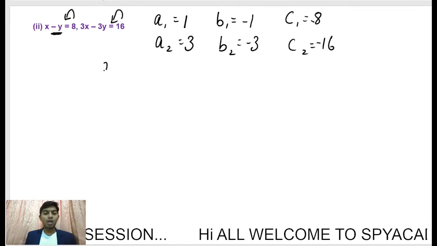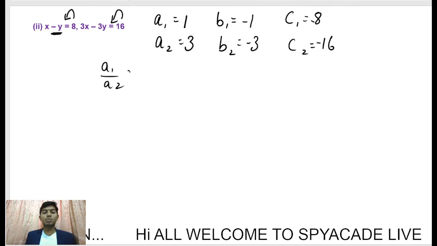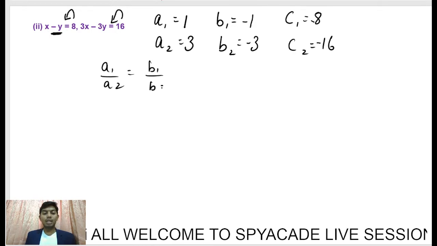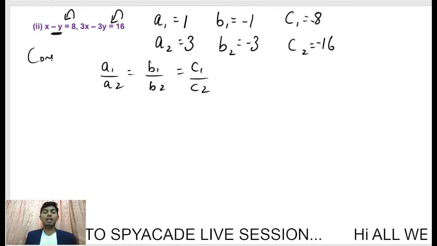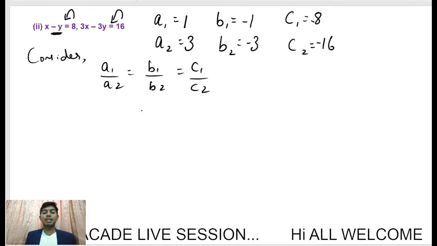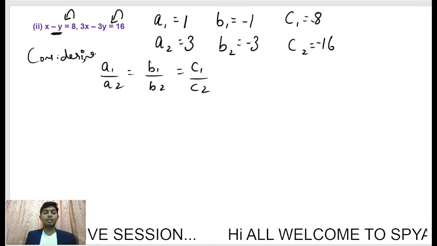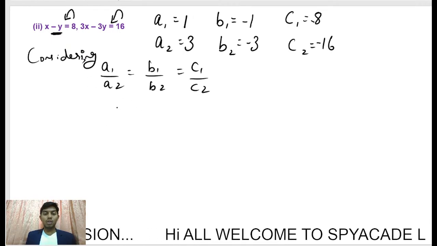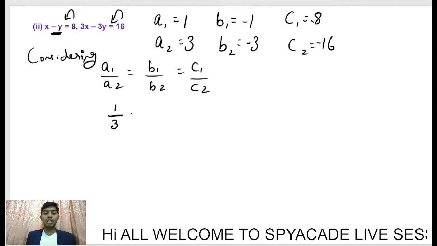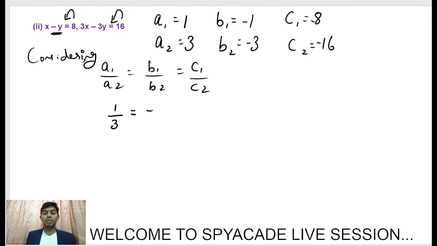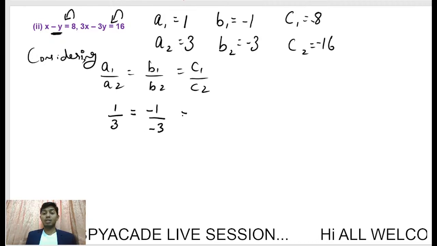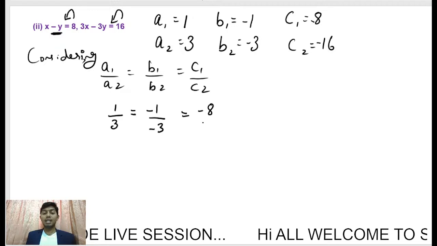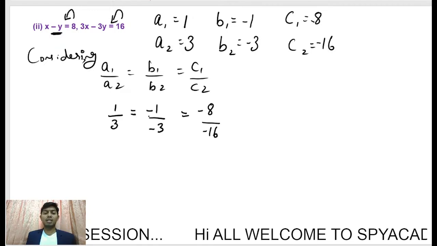So let us check whether a1 by a2 is equal to b1 by b2 is equal to c1 by c2. Considering this, we are solving. So what will happen? 1 by 3 is equal to minus 1 by minus 3, and then minus 8 by minus 16.